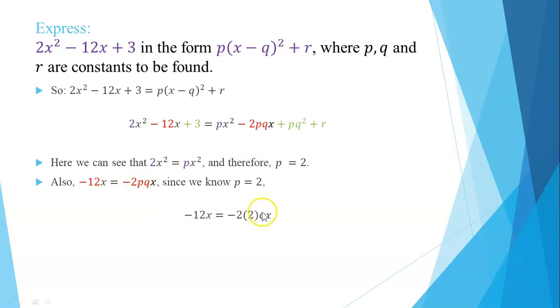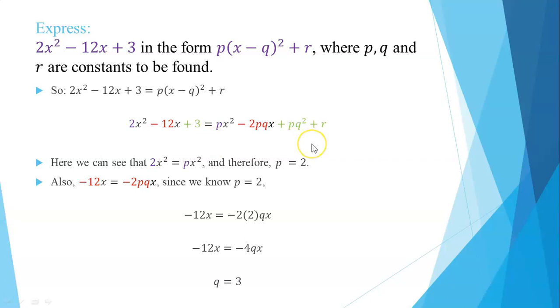So negative 2 times 2 times qx, which is negative 4qx, is equal to negative 12x. Now if we divide both sides by x and make q the subject, you'll see that q is equal to 3. So far we have our p and we have q. We just need r.